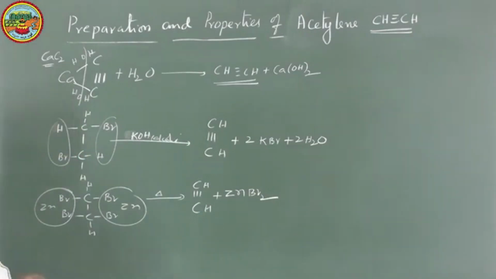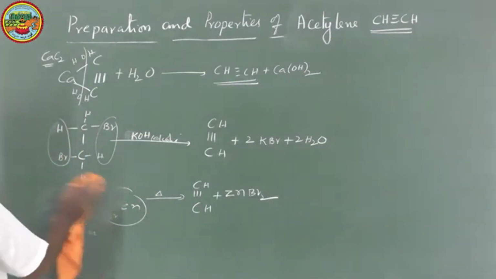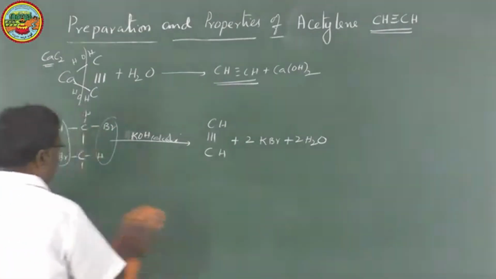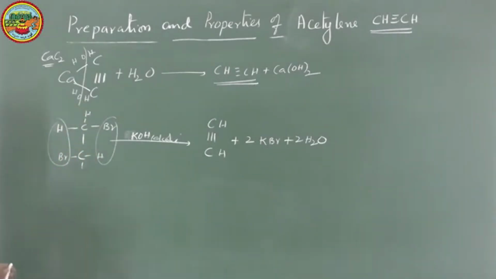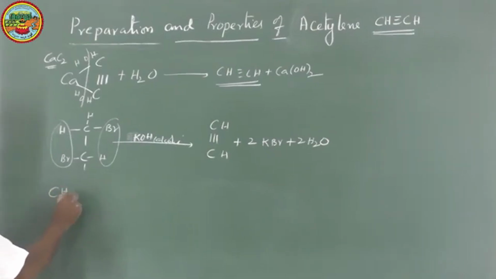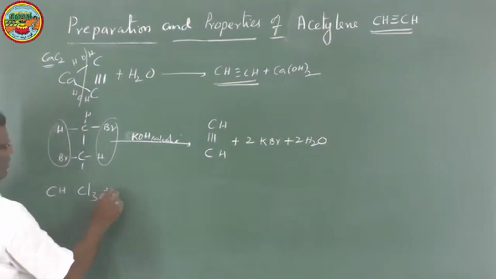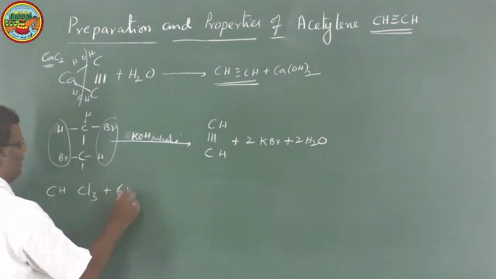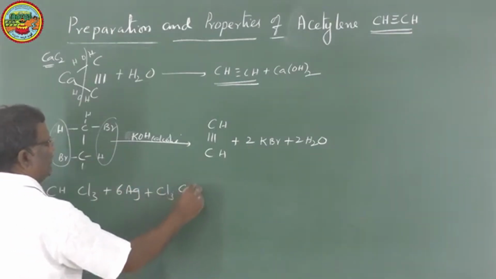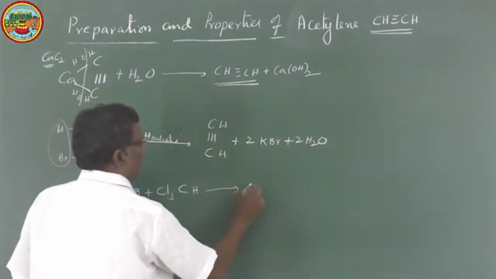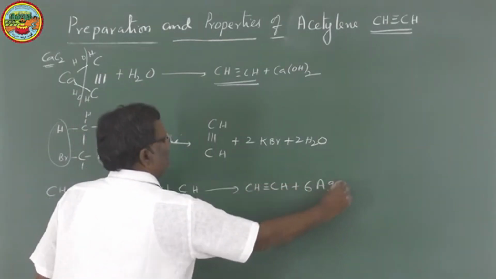Next, one more method is when chloroform, CHCl3, or iodoform, CHI3, is treated with silver in the presence of dry ether, we will get acetylene plus 6 AgCl.